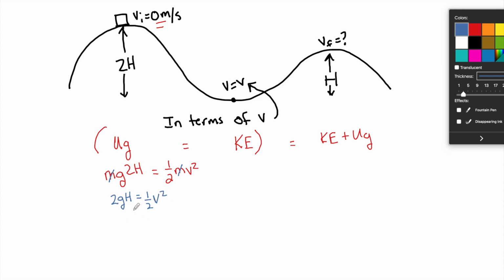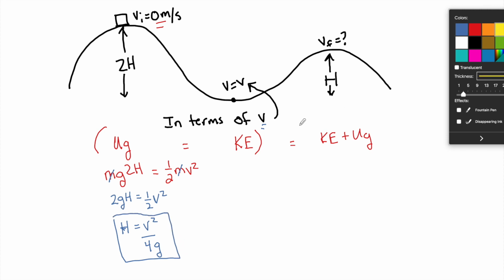Now I'm going to make an expression for h so that I can cancel it out in the other part, because like I said, it has to be in terms of v. When I do some math, I see that h is going to be equal to v squared over 4g. I'm going to save this expression for the second part.